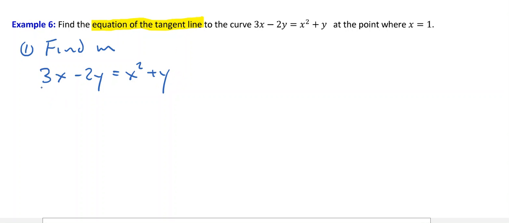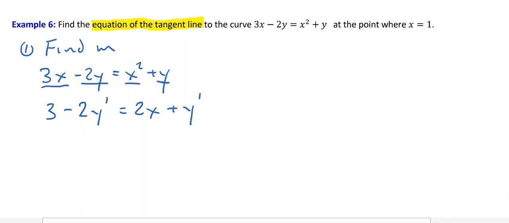The derivative of 3x is 3. The derivative of negative 2y would be negative 2 times y prime. The derivative of x squared is 2x. The derivative of y would be 1 y prime. So that's my derivative, but we need to solve it for y prime.